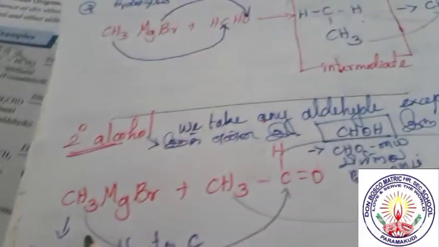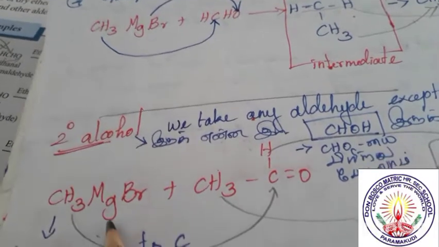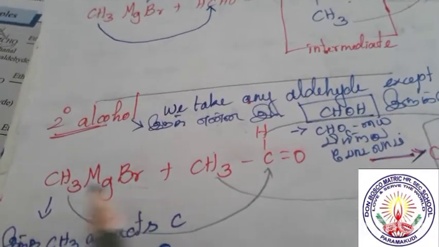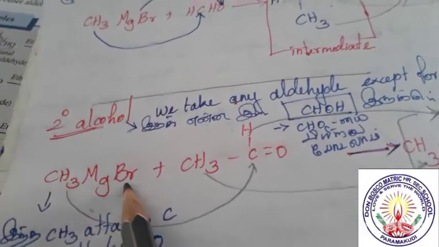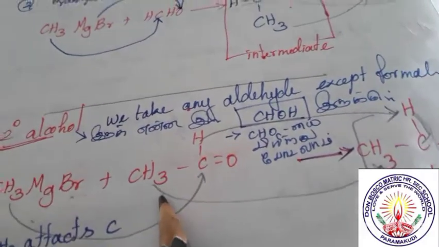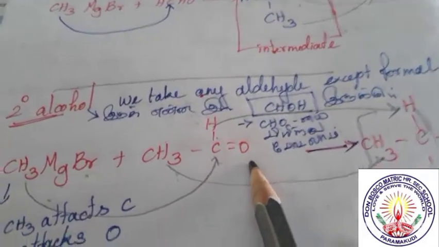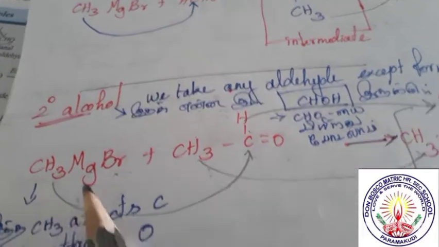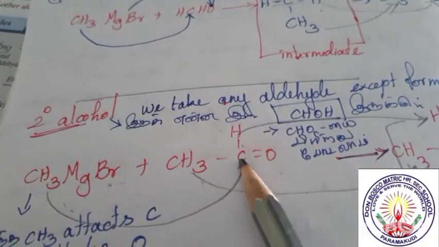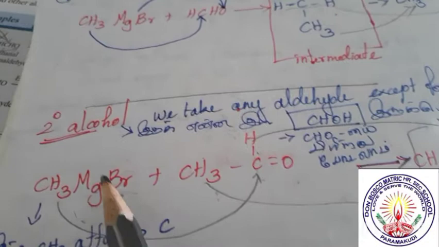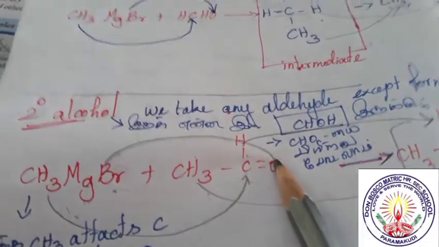So here we are taking CH3 magnesium bromide, RMgBr, and treating it with CH3CHO, and here you see this CH3 attacks this carbon and MgBr attacks the oxygen here.